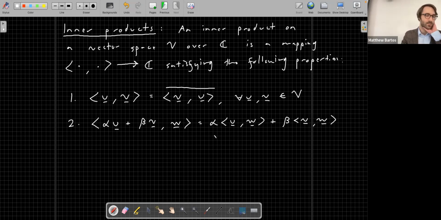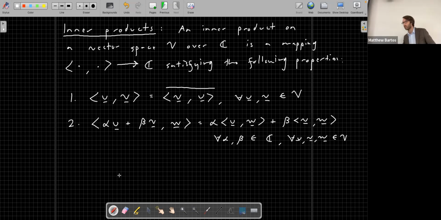Okay, and this is for all alpha and beta in our field of complex numbers, and for all u, v, and w in our vector space, which is V. So this is called bilinearity.